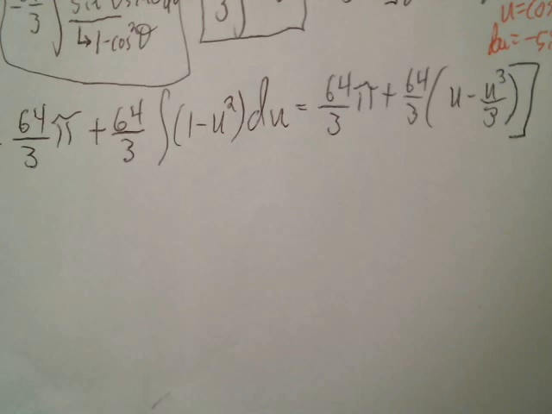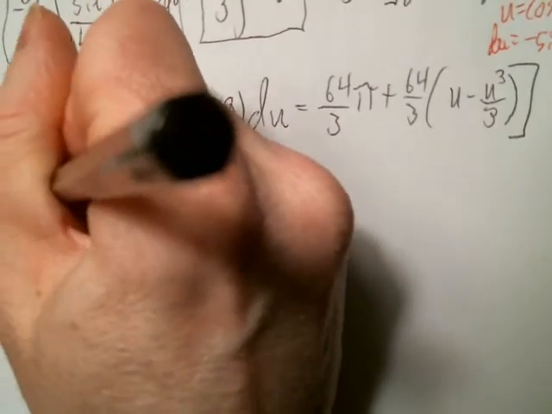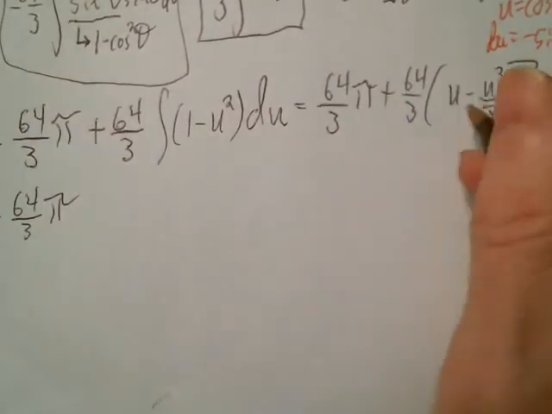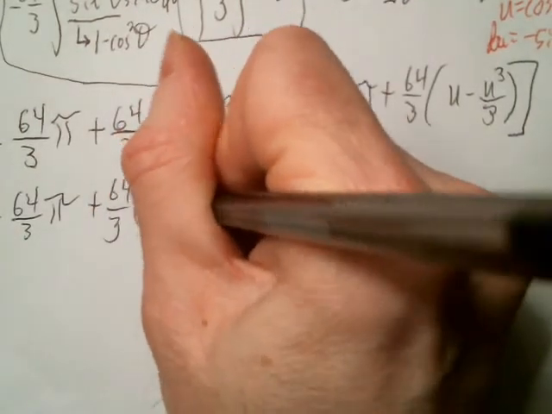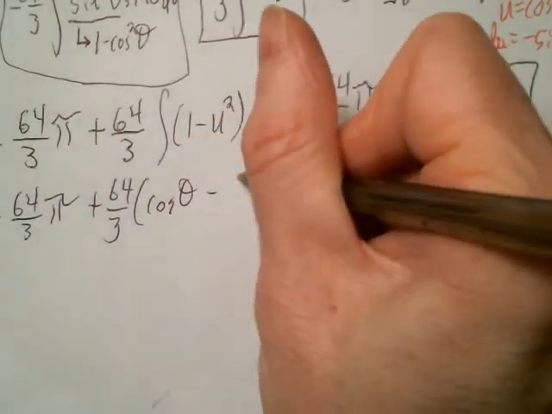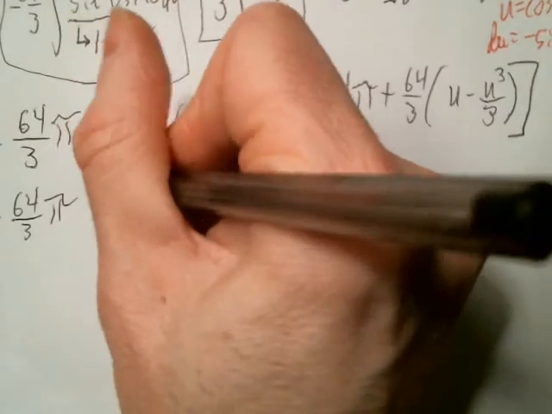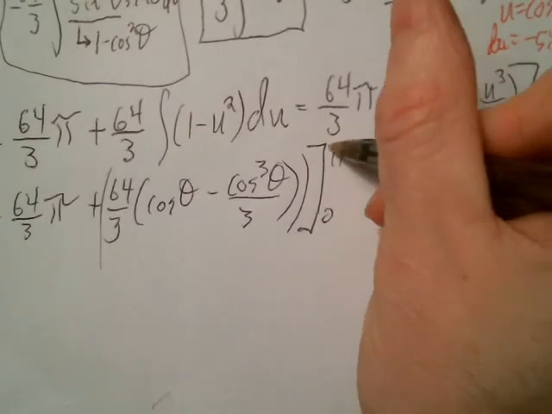Okay. Back substitute. So back subbing, I'll get the first guy 64 thirds pi and then plus 64 thirds times cosine of theta minus cosine cubed of theta all over 3. And I'm evaluating this part from 0 to pi, I believe.